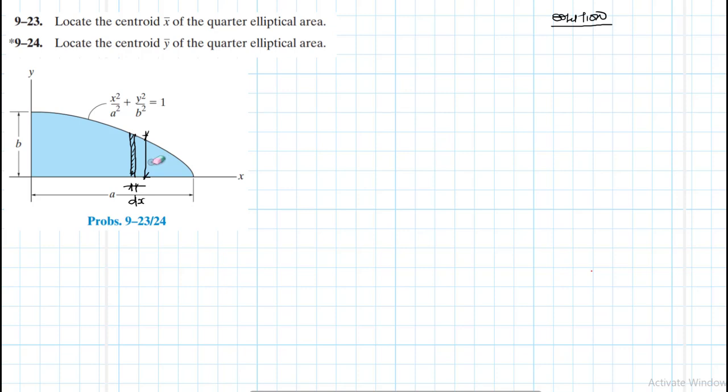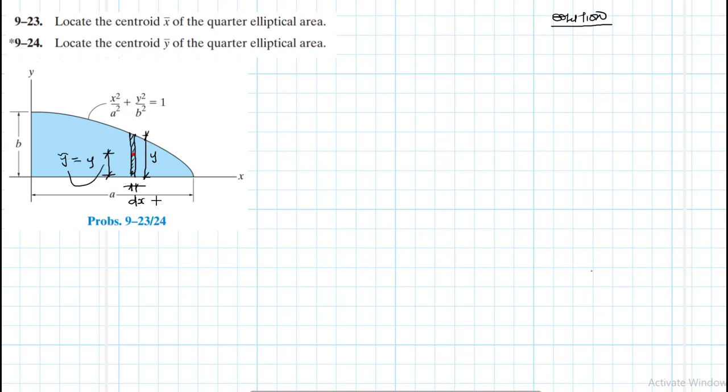So this function of the ellipse, we can write it in terms of y, and that's the height of this small strip. This small strip will have its own small centroid. This centroid, we are calling y curled, is equal to y.